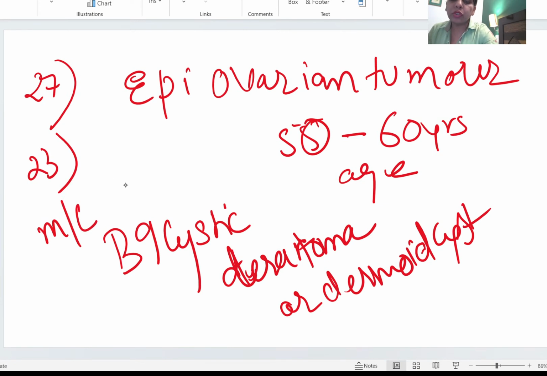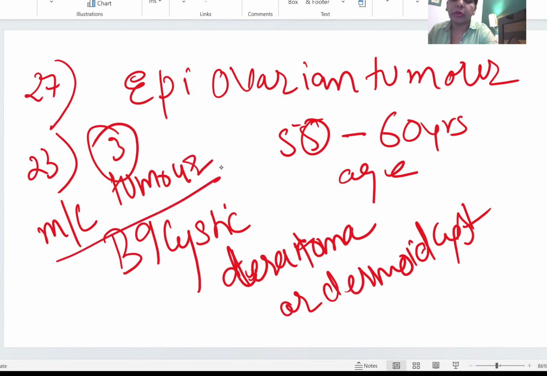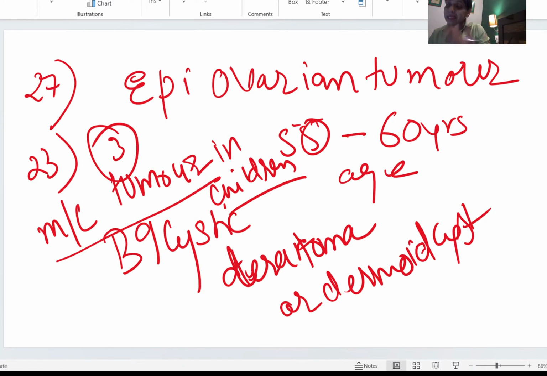So this is also question number 3. Most common tumor in children is no doubt benign cystic teratoma, but if they ask you most common malignant tumor, then it will be dysgerminoma.